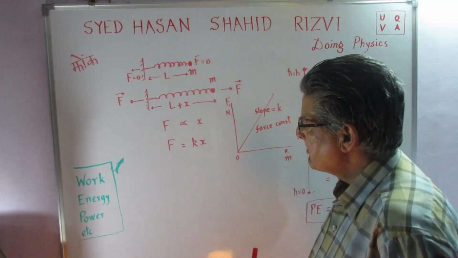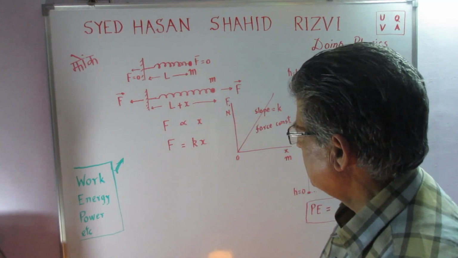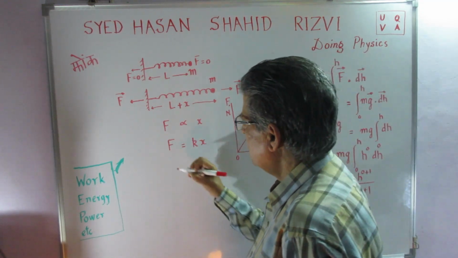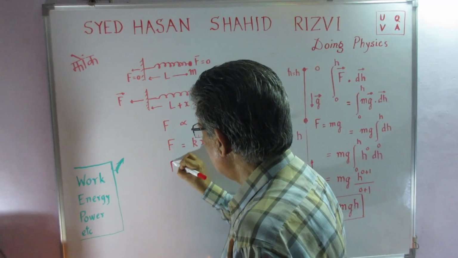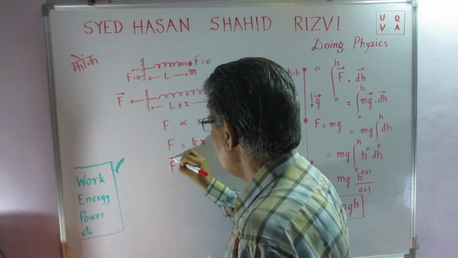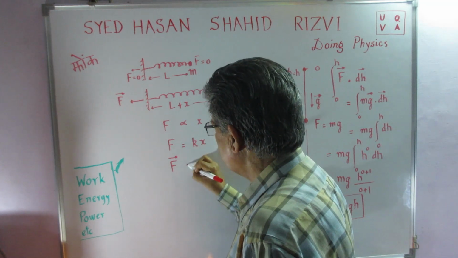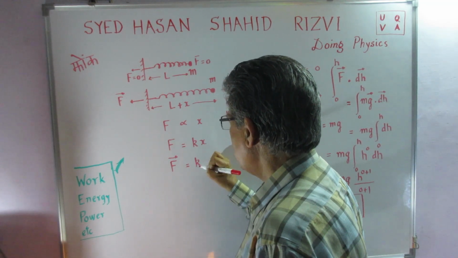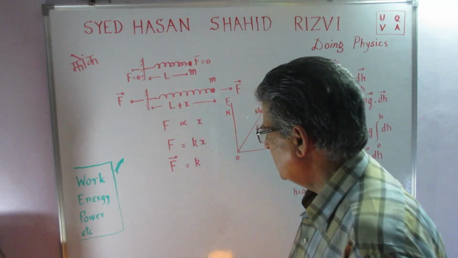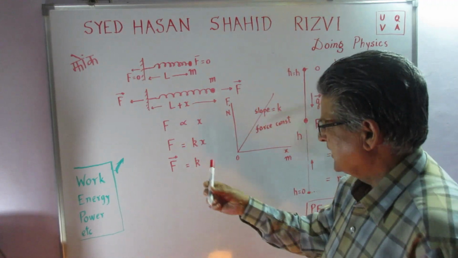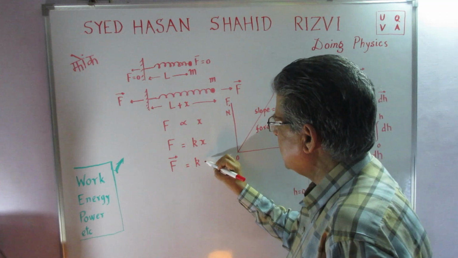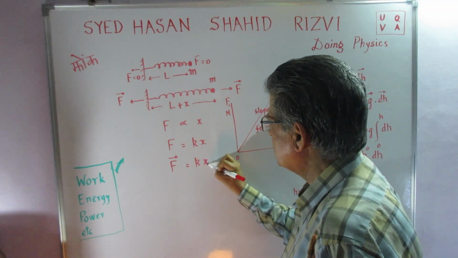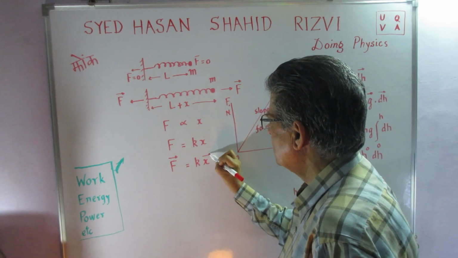Now, I can write the relation like this: force as a vector is equal to k, which has got the dimensions of newtons divided by meters, times x. Okay.